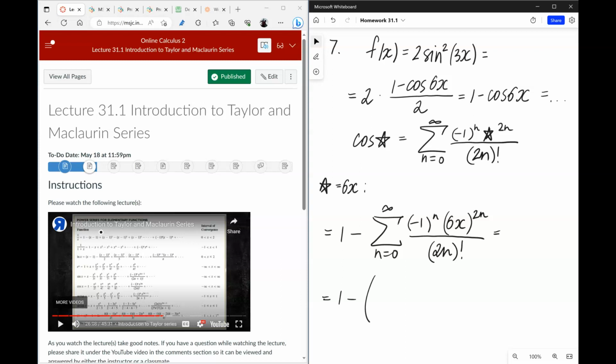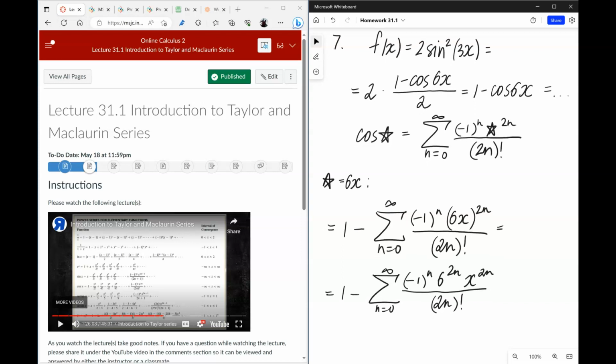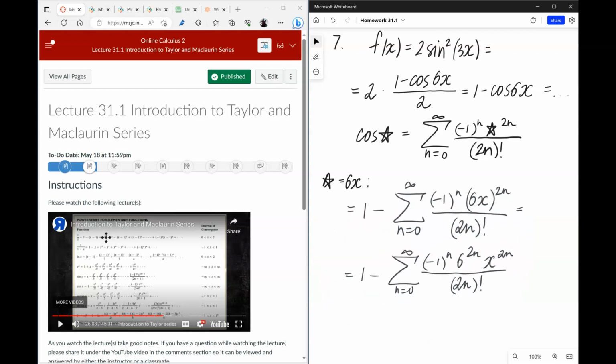When n is equal to 0, well, actually, let's simplify it first. That's all there is to simplify for it now. And now we're going to start writing the terms.